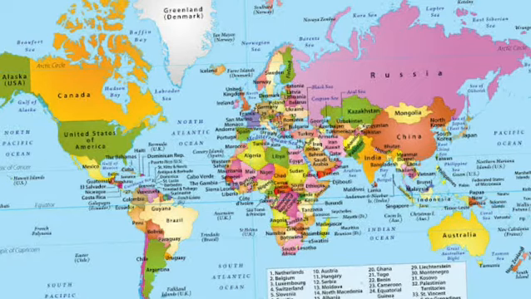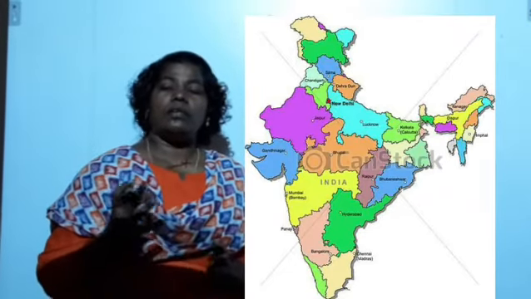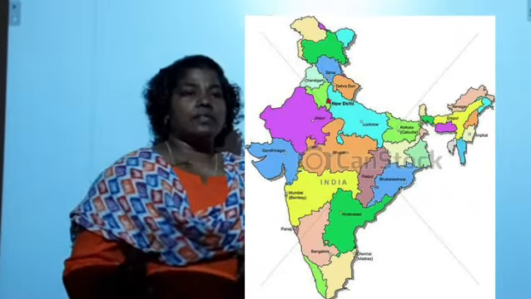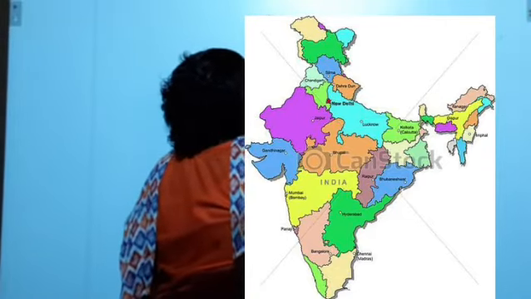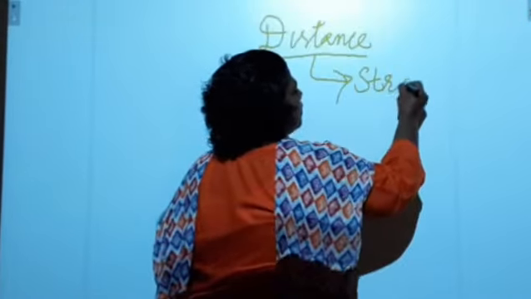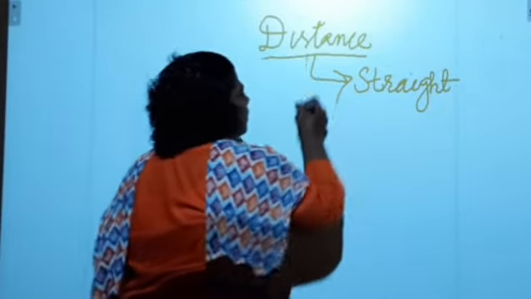In some places there will be curved areas and some areas will be straight. So how do you measure the straight places and the curved places? There are two methods, to measure straight areas and the curved areas.